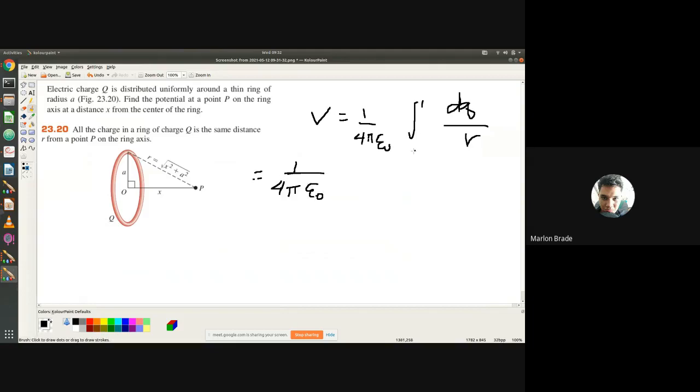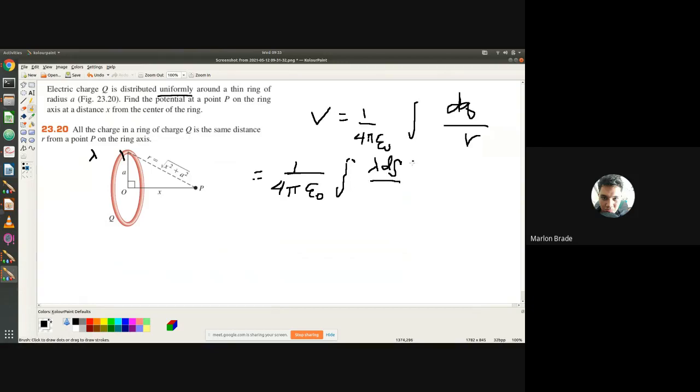I assume it is uniformly distributed, so I use lambda, the linear charge density. My dq is equal to lambda ds, where s is the arc length and ds is the infinitesimal arc length.